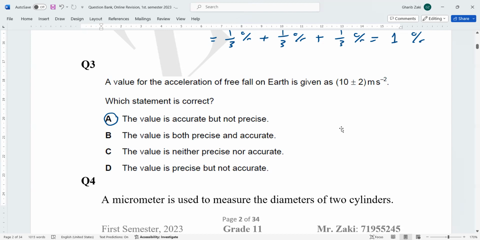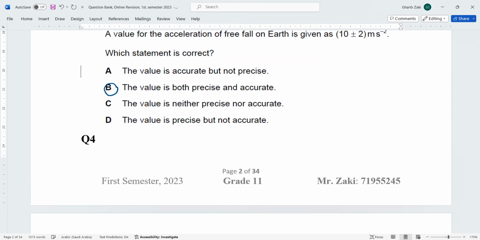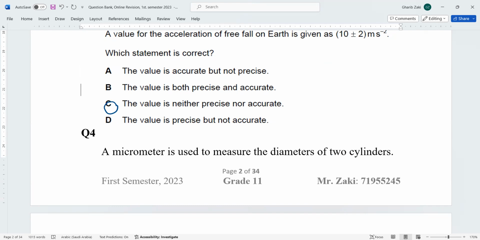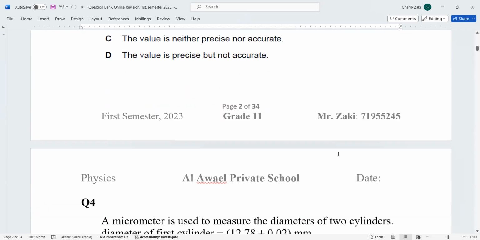So it is accurate but not precise. Now, question number 4. Yeah, I just checked. So the answer of this part is A. Next question.